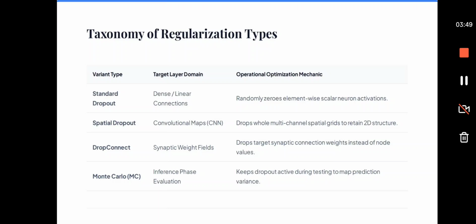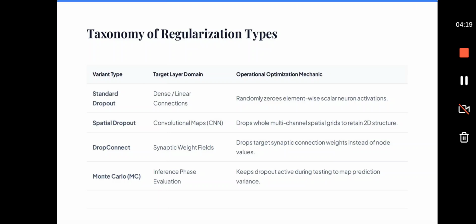Spatial dropout is mainly used in convolutional neural networks and removes entire feature maps. DropConnect removes the connection weights instead of the neuron outputs. Monte Carlo dropout keeps dropout active during testing to measure prediction uncertainty. Each type is useful for different neural network architectures.